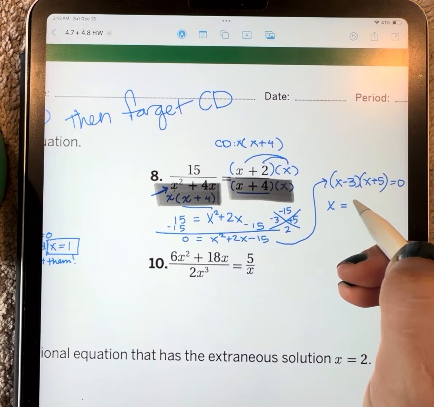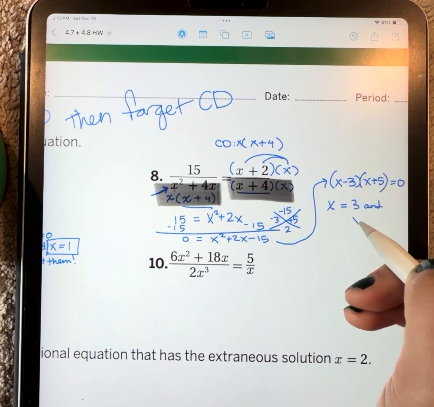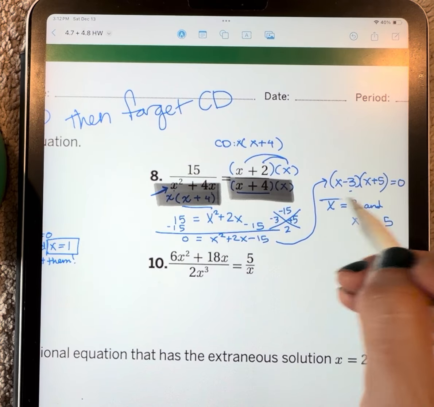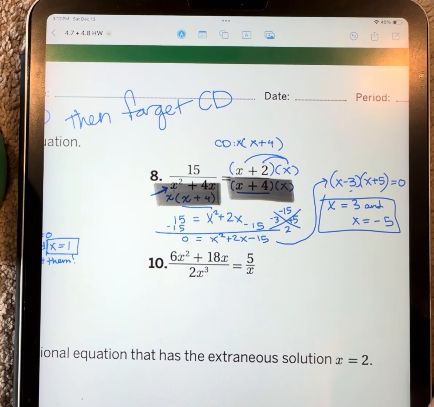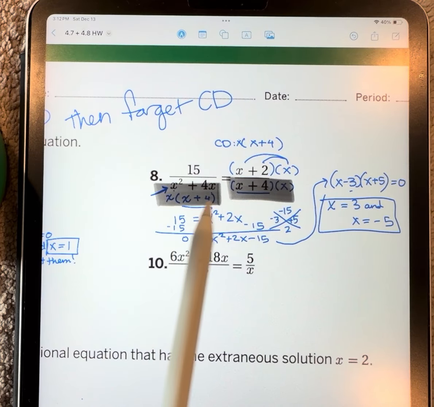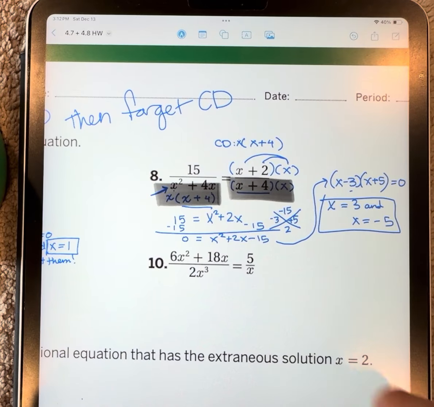That makes it so that x can be 3 and x can be negative 5. All right, the opposite of those. Boom. Don't trust them. Looking back, my original denominators are okay with a 3 and a negative 5. So we actually have two solutions, both of those.